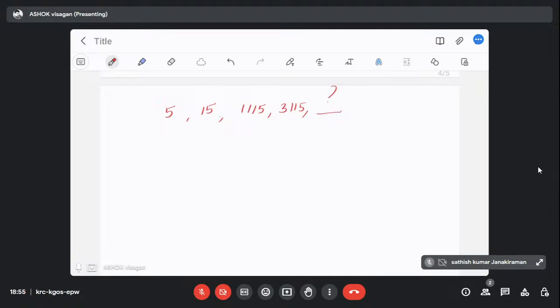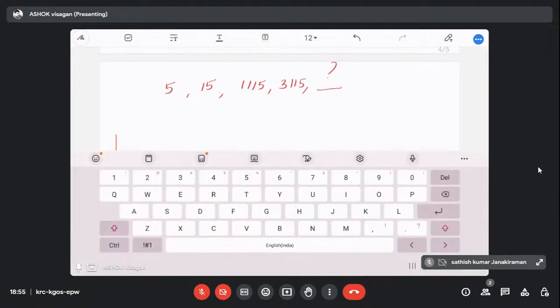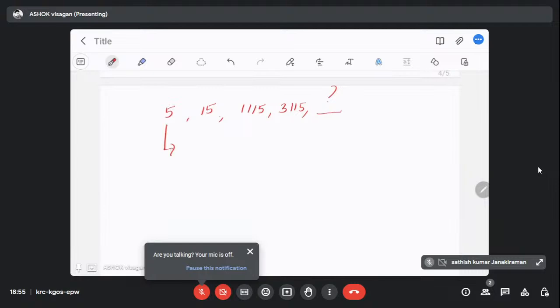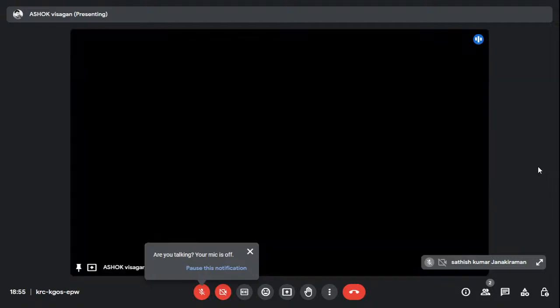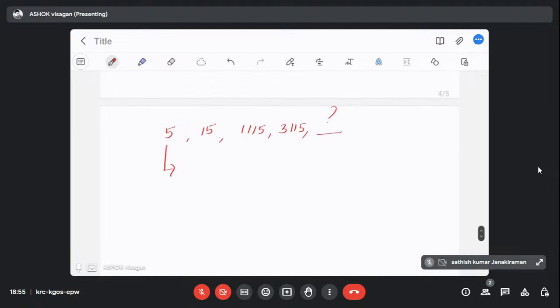Here, the logic behind these questions is this. If you take 5, the first one, how many 5s are there? One 5. I'm writing the count as the number 1, so 1 5.